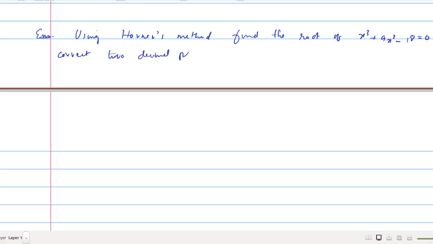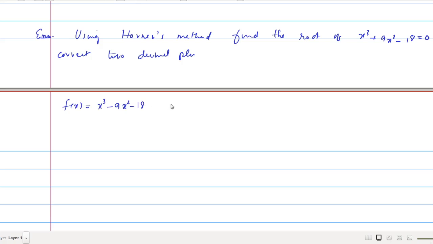Using Horner's method, find the root of x cube plus 9x square minus 18 equal to 0, correct to 2 decimal places. Okay, so first you write what is f of x. F of x is x cube plus 9x square minus 18.